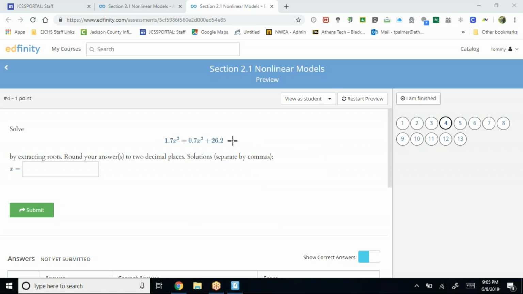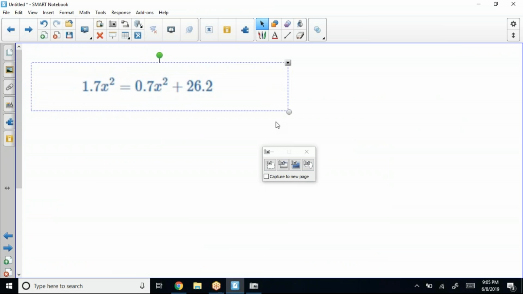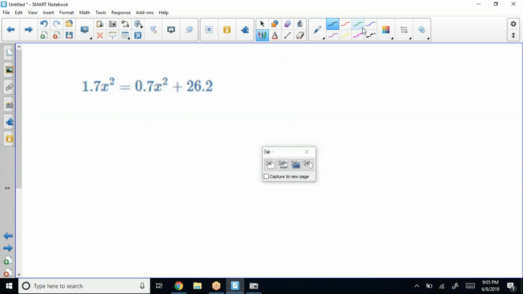Normally, instead, round to 2 decimal places. Normally you would take this and, as you were taught in high school math, move that over to the other side. You can square root it. You can use what's called the square root method if you want to.